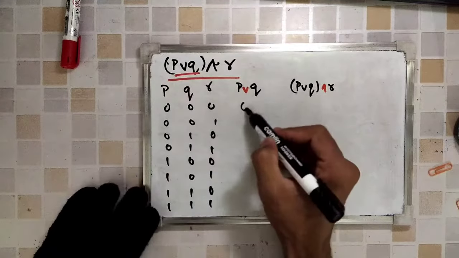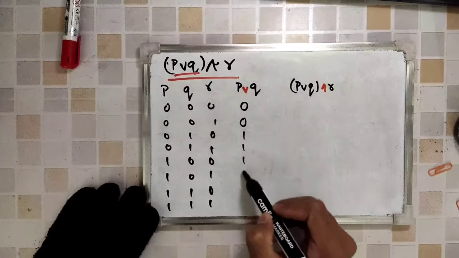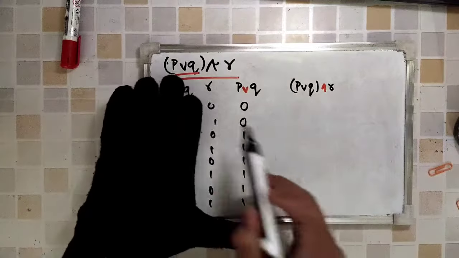Both are 0, so it is 0. Both are 0, again it is 0. Any one is 1, so 1, 1, 1, 1. Everything done.